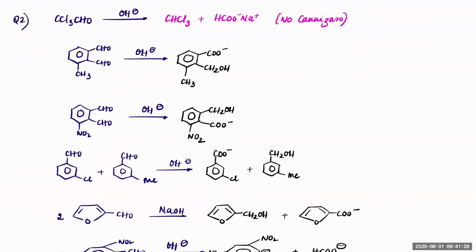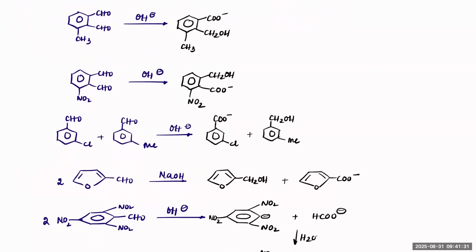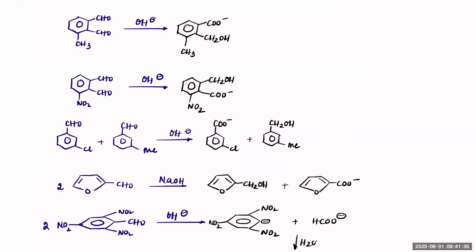See the next one. Now here, I have two aldehyde groups here. In case you have two aldehyde groups, both of them at benzaldehyde position, Cannizzaro will take place, out of which one will become acid, the other one will become alcohol.